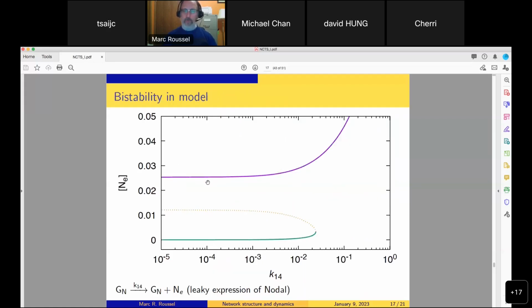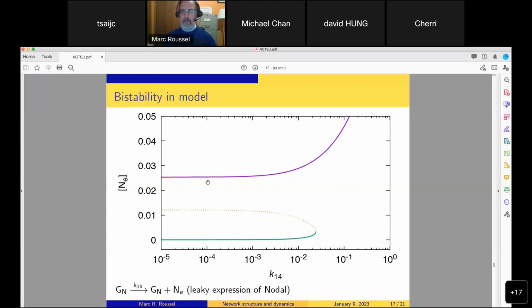Okay, so if you just study the ODE model, so no diffusion, which is where we started because it seemed like, start with the basics, it's a model with bistability. And I'm showing here one of many bifurcation diagrams you could draw. The rate constant that I'm varying here is one associated with leaky expression of nodal.